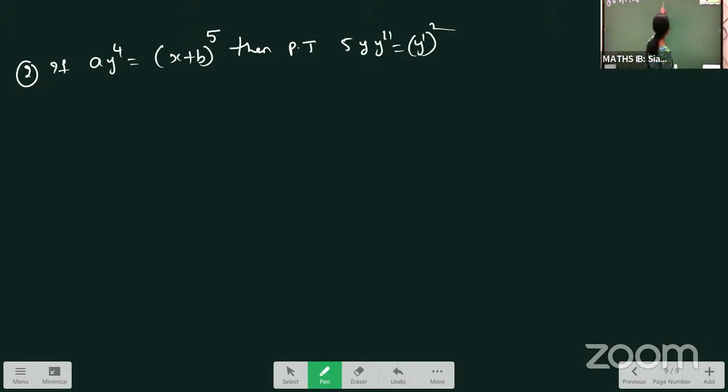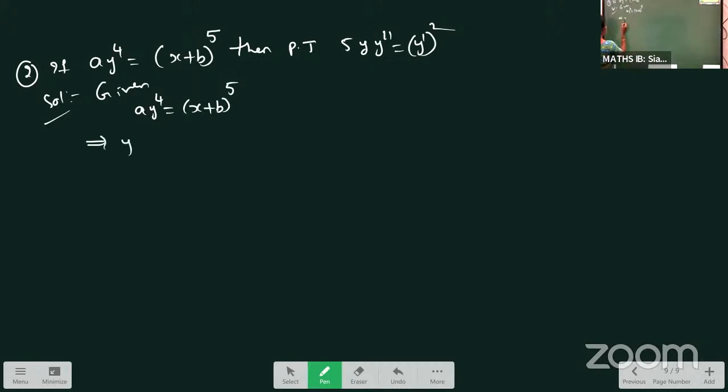So here y is given; y dash means first derivative, y double dash means second derivative. We have to find out. Multiple powers are there. Solution goes like this. Given a y power 4 is equal to (x plus b) whole power 5.